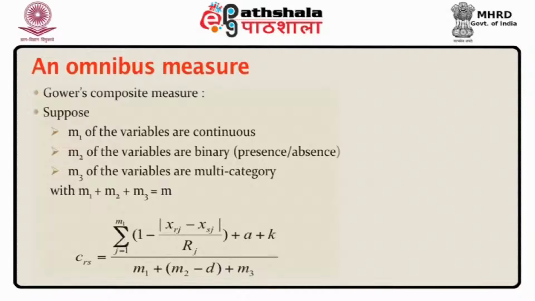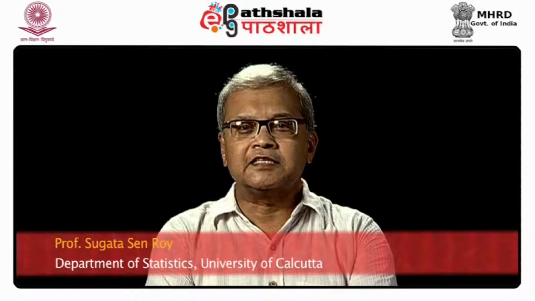And finally we have k, which is the number of similarities in the multi-category variables, and for this we also have a component in the denominator which is m3. So it's k by m3, which was a multi-category measure, and that has been integrated into this formula to give us an omnibus measure.